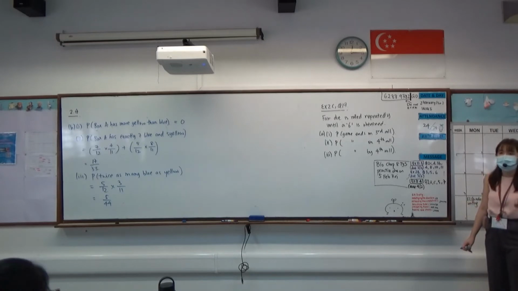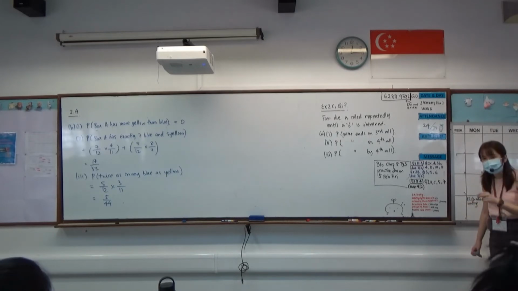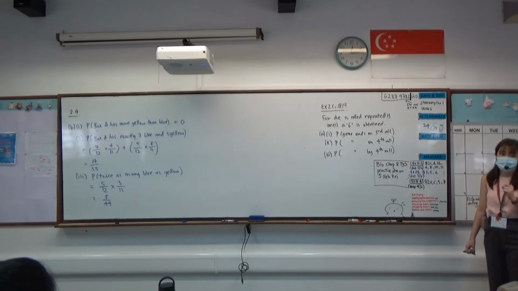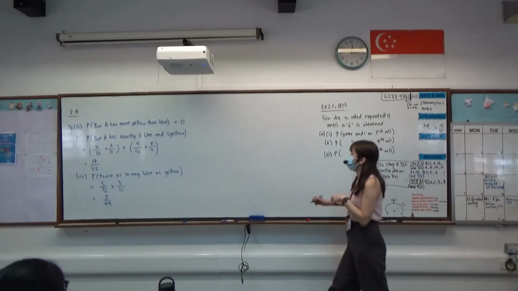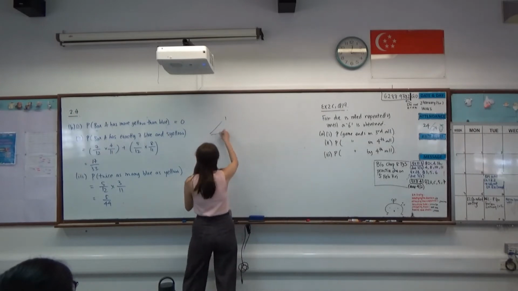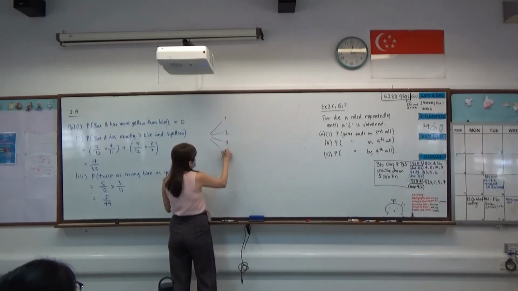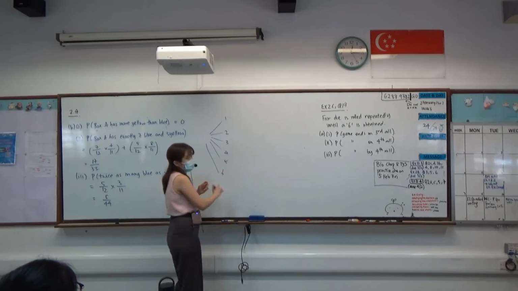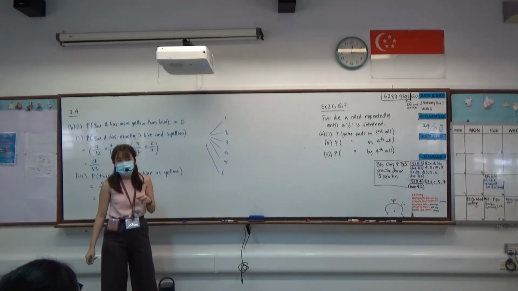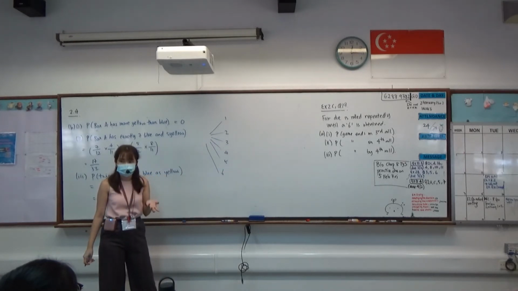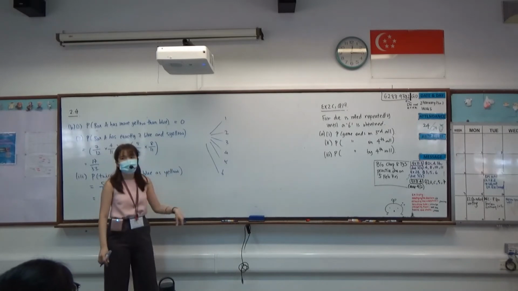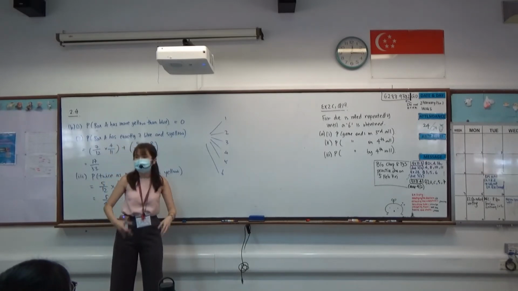What this means is that we will be getting the number 6 on the 3rd row itself. If you want to draw a tree diagram, there's no need for you to go and draw 1, 2, 3, 4, 5, 6. That will be very tedious. Why is it that we need not draw that? Because in this question, it is about getting a 6 or not 6.